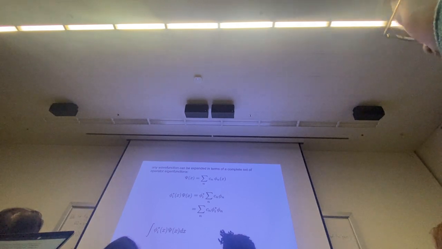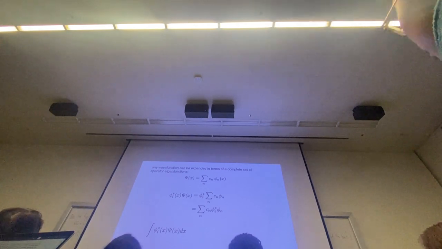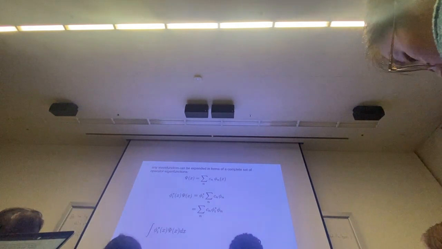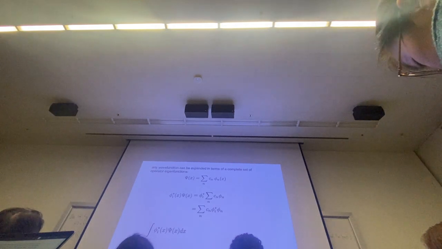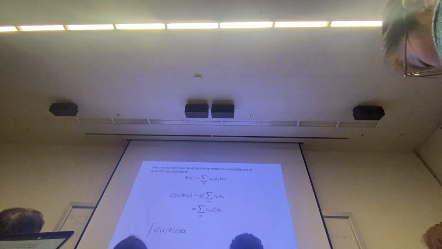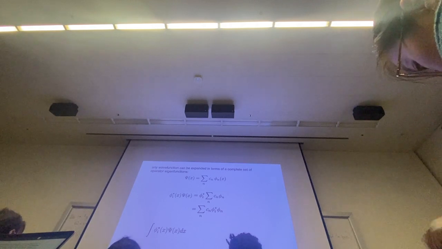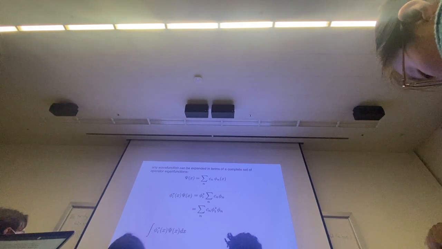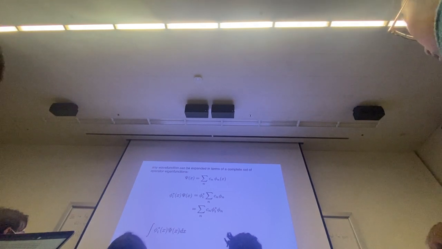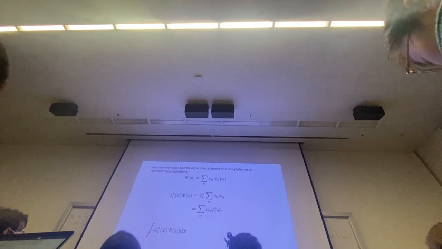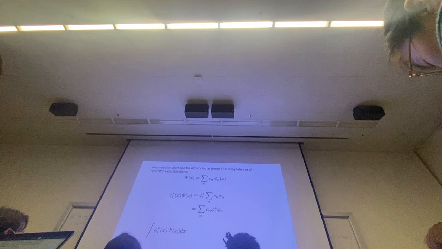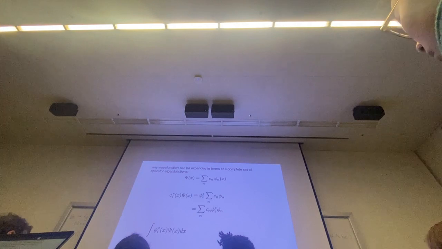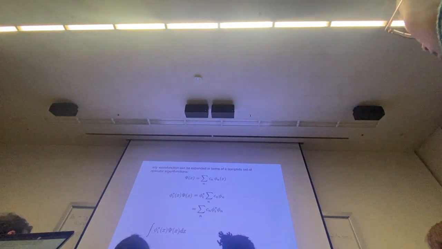If I have a function of x, y, and z and I multiply it with the direction x, I'm asking what is the overlap of my function along the direction x? Basically, what is the projection of this function on x? I just make a projection onto the x-axis. This is the same thing. I make a projection of psi onto the phi axis. How much of phi is in this psi? That's what the overlap means.